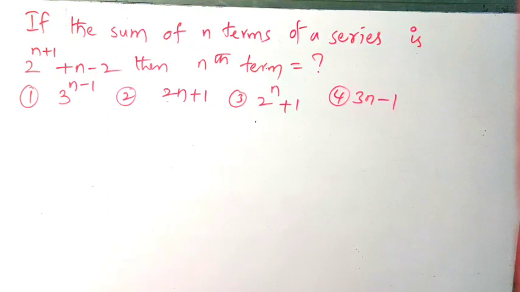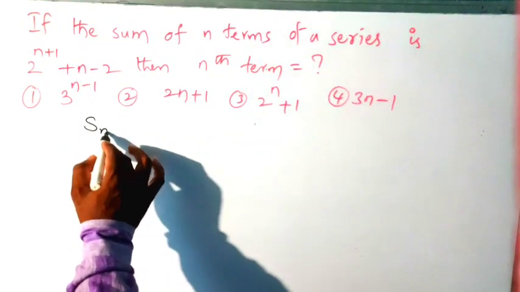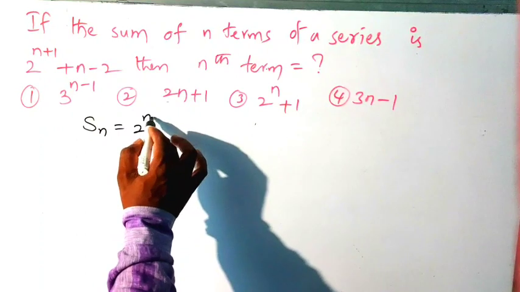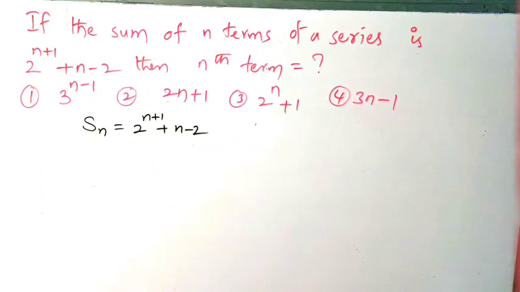See here, in this question, the sum of n terms of a series is given, that is nothing but 2 power of n plus 1 plus n minus 2. So we take Sn equals 2 power of n plus 1 plus n minus 2. We have to find the nth term of the given series.